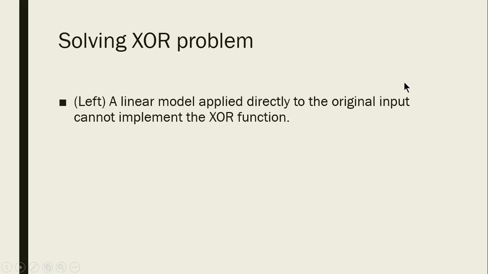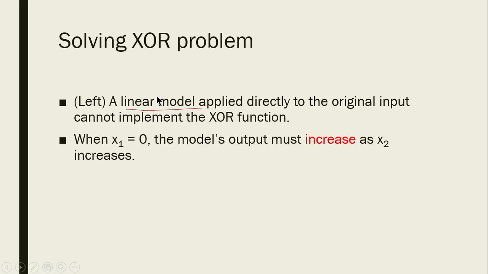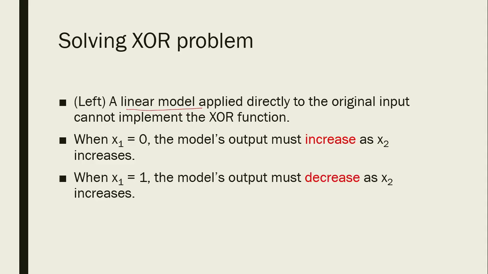Okay. So in the left figure, what we see is that a linear model applied directly to the original input cannot implement the XOR function. That means we cannot draw a line that separates the ones and zeros. When x1 equals 0, the model's output must increase as x2 increases, and when x1 equals 1, the model's output must decrease as x2 increases.